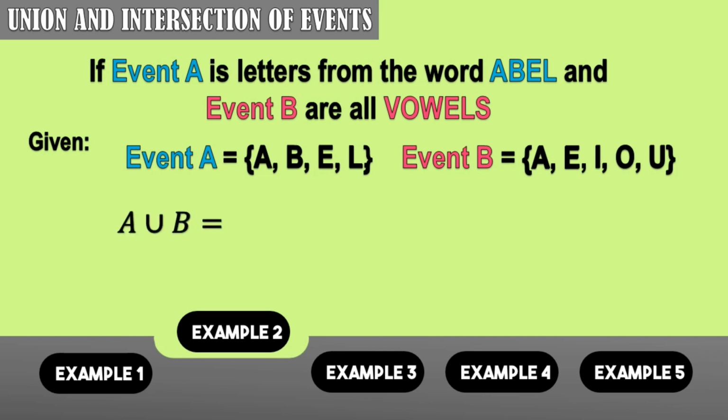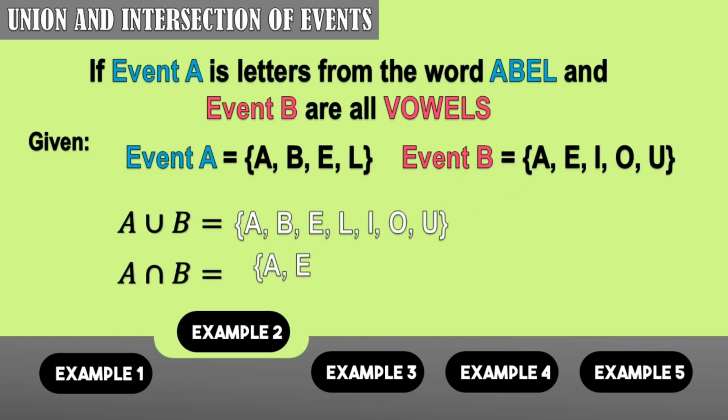We can now write all the elements of events A and B. For event A, the elements are A, B, E, L, while event B, the elements are A, E, I, O, U. But we can add only I, O, U. Therefore, A union B is equal to the set of all elements A, B, E, L, I, O, U. How about A intersection B? It is equal to the set of elements A, E.